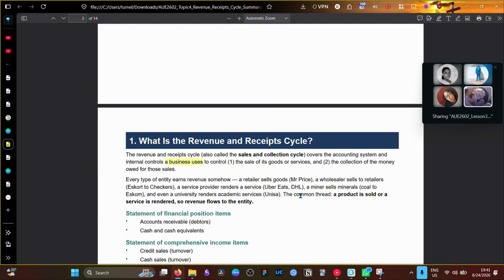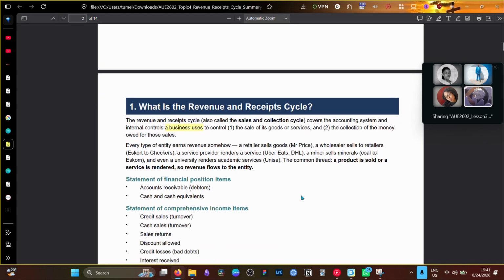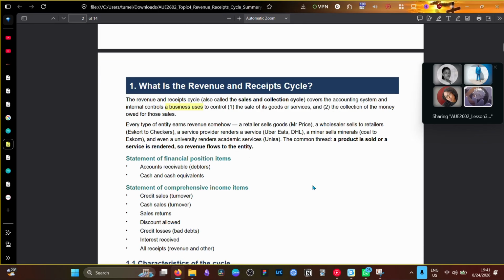We're not buying anything from Unisa. They are offering us a service, so they are getting revenue from that. So the common thread is a product is sold or a service is rendered, so revenue flows to the entity.